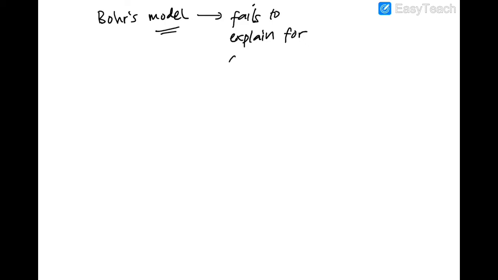Although Bohr's model has been accepted and has introduced several important concepts, this model also has a limitation: it fails to explain the phenomenon at a more complex level for atoms with multiple electrons.